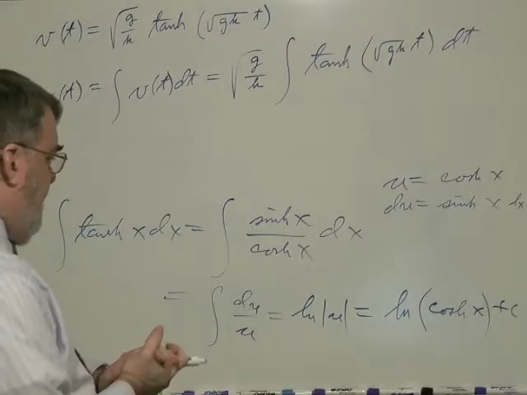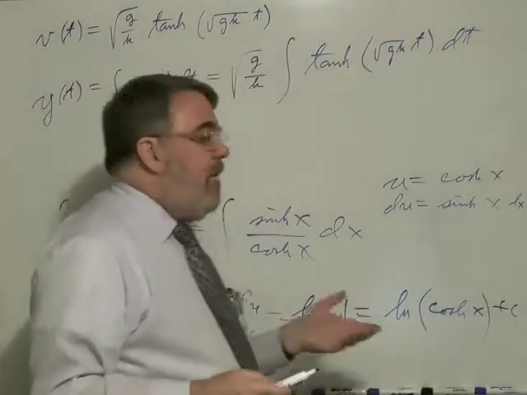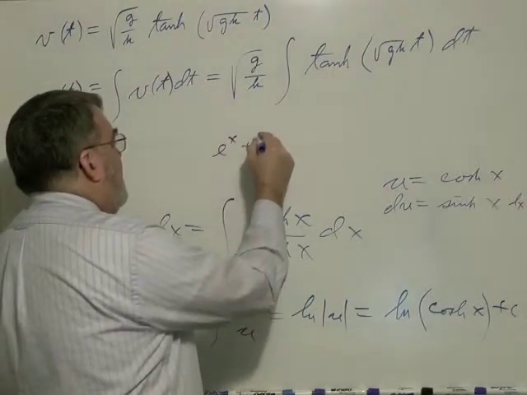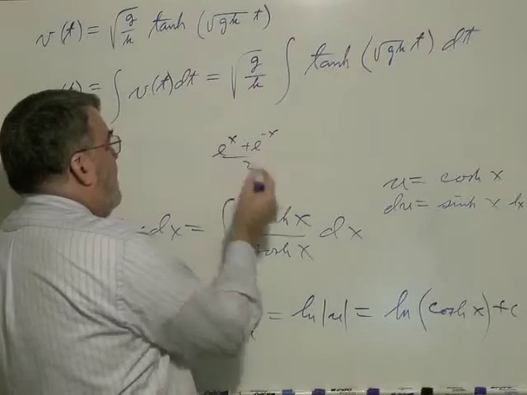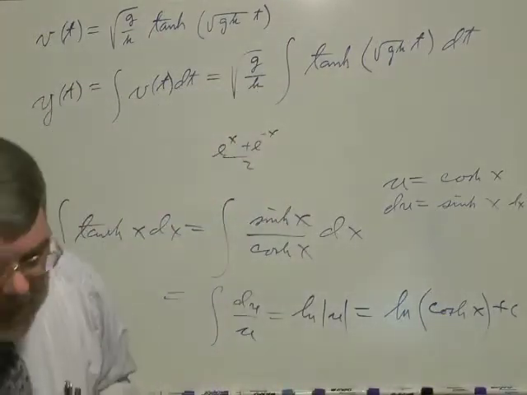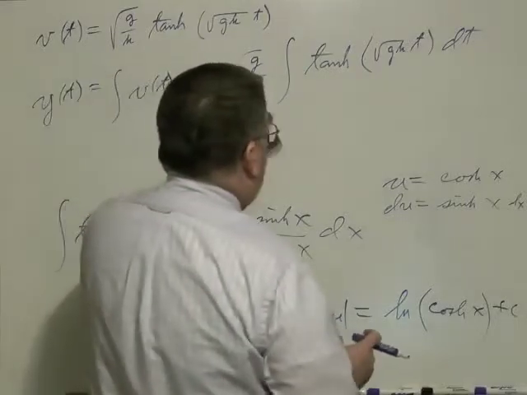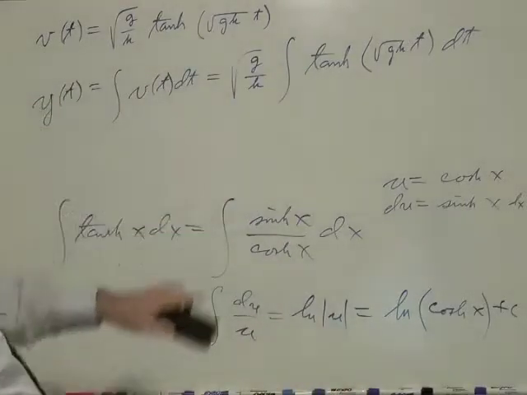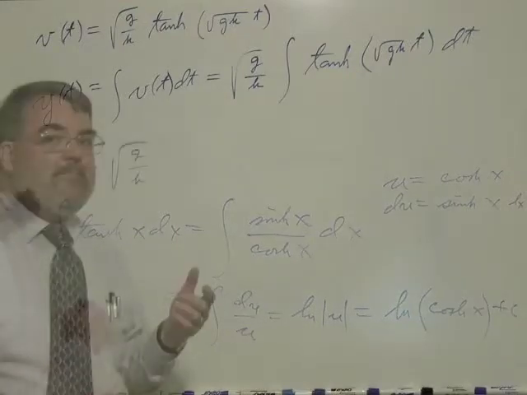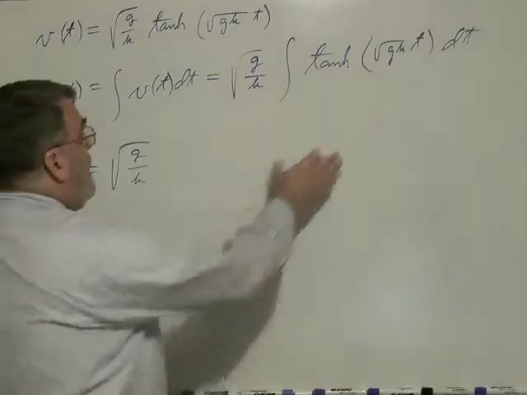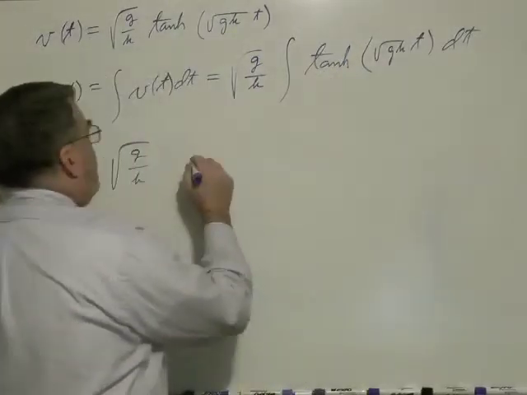Okay, and by the way, I don't need the absolute value because the cosh function, e to the x plus e to the minus x over 2, is always positive. So I don't have to think about absolute values here. Well then, alright, so let's go ahead and integrate this. I have this constant, and this would be a natural log of a cosh.